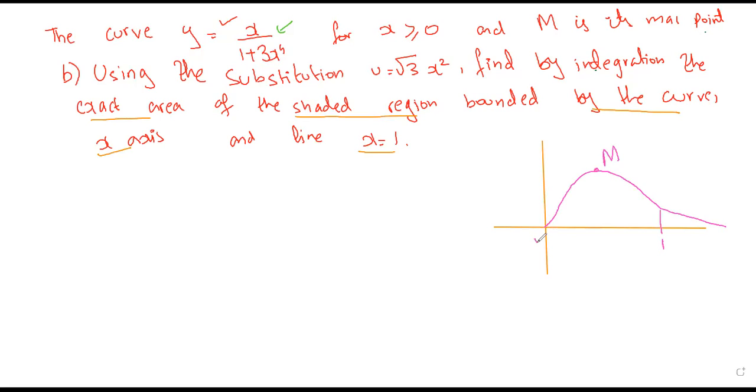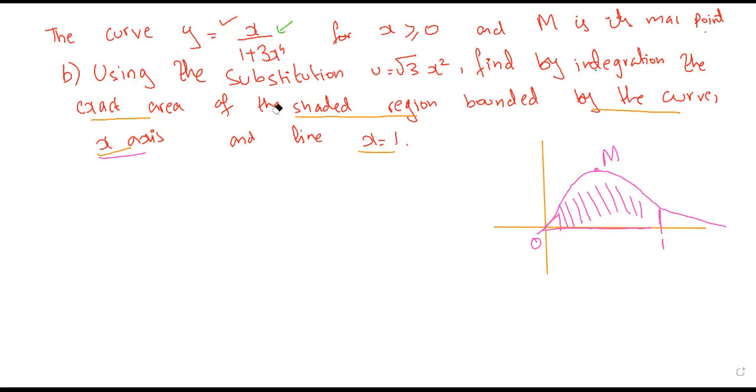Very well done, excellent. And this is the shaded region. Even without reference to the diagram, you were able to know that we have to integrate from 0 to 1. Very well done. The x-axis means y equals 0, this is the curve, and this was the line. So the area between these three, right? Okay, so we know what exactly the question means.